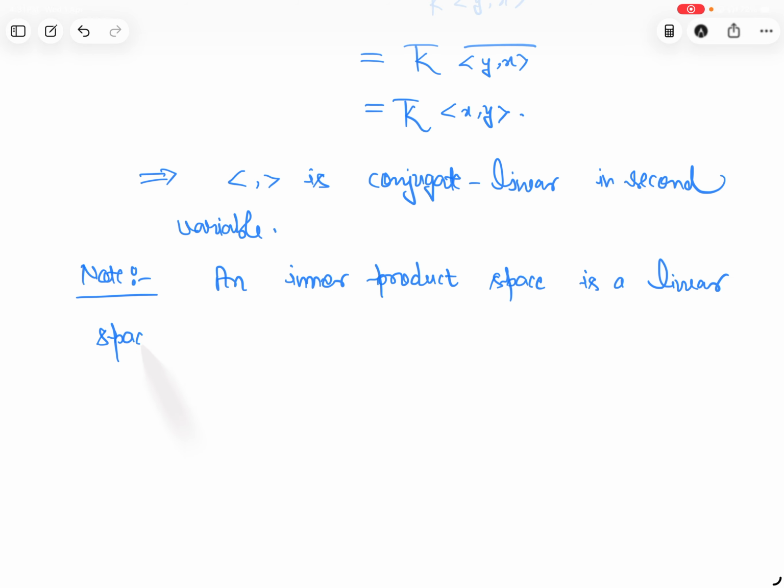The other name of vector space is also linear space. So an inner product space is a linear space with an inner product on it.